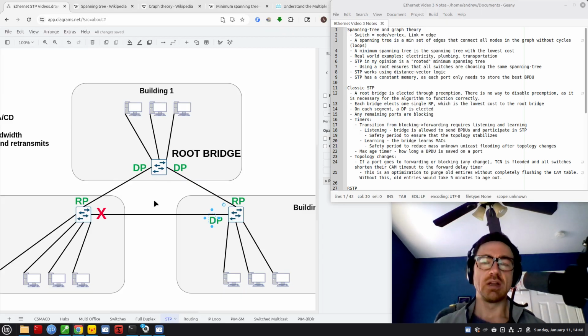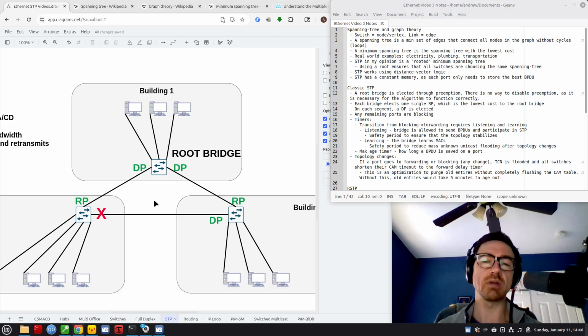First, a root bridge is elected, and it's elected through preemption. There's no way to disable this preemption because it's completely necessary for the algorithm to function correctly. Anytime a switch hears a better root bridge ID, it must update its known root bridge ID for the spanning tree instance. Each switch starts out believing that it itself is the root bridge.